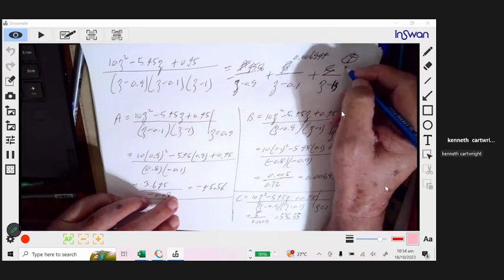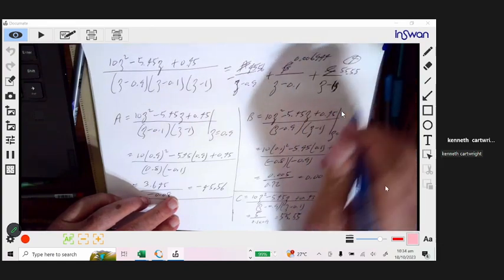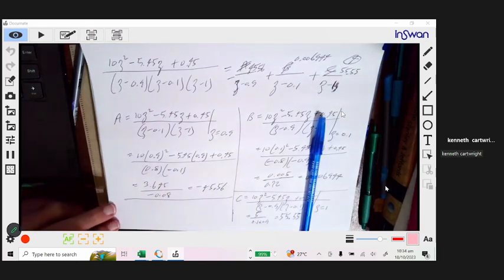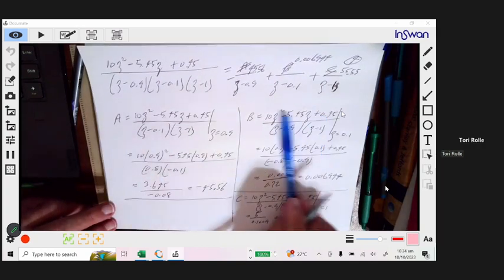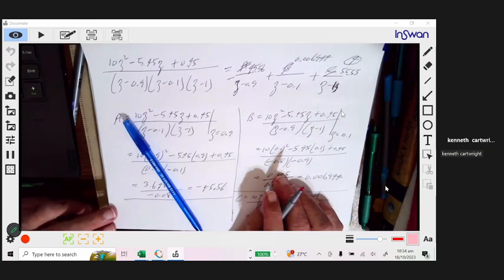C becomes 55.55. So now what do we do? Z transform to the table. Yeah? What do we do?